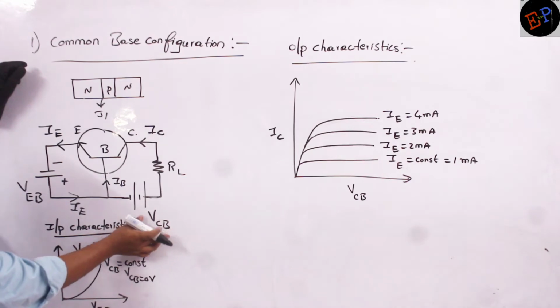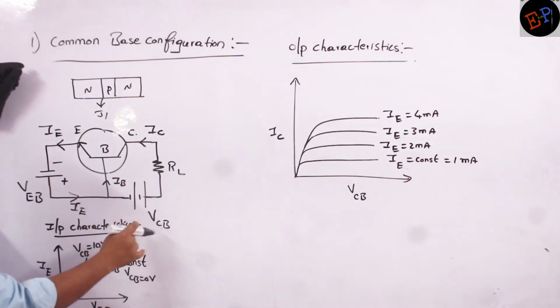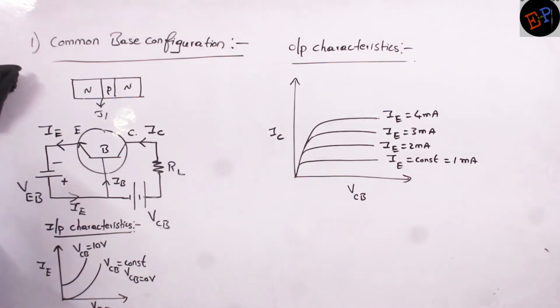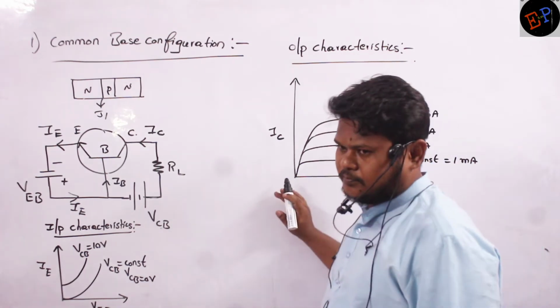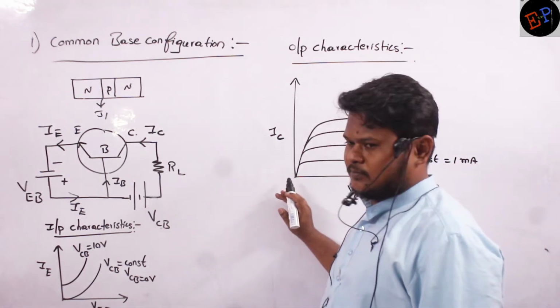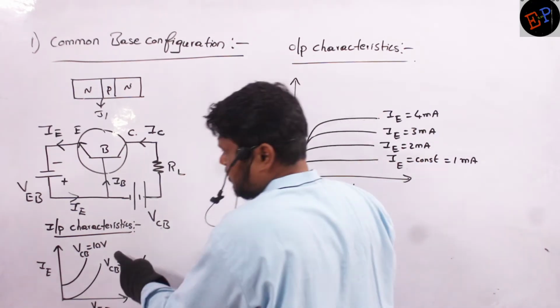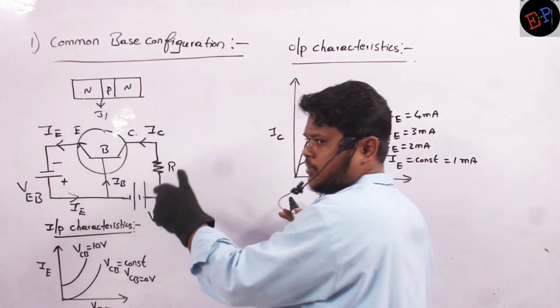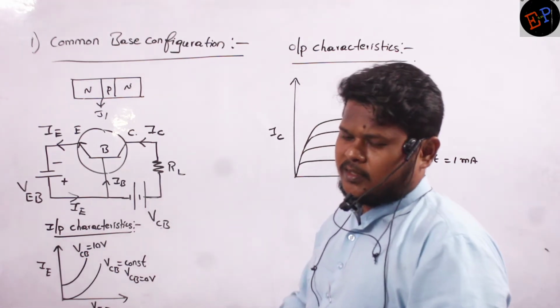Are you able to understand what VCB is? It is the potential applied to the collector base junction, and it is constant. So this is the graph which I get. What do you understand by this graph? If I increase VEB, that is the forward biased potential, the emitter current also increases.